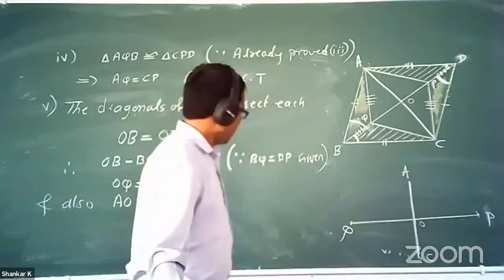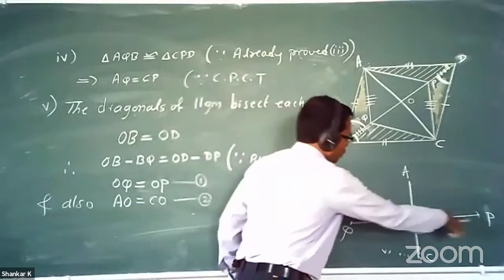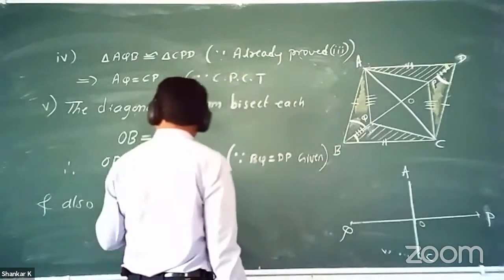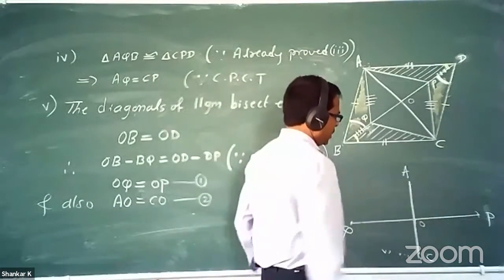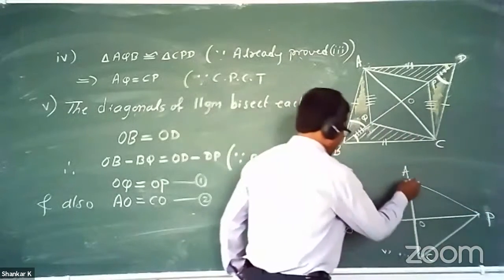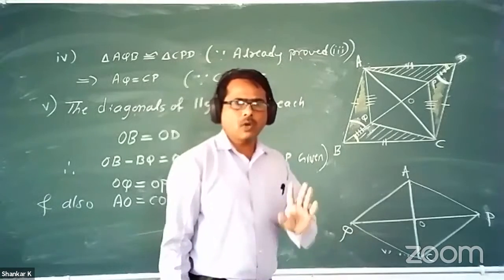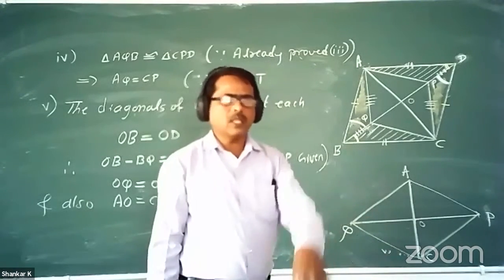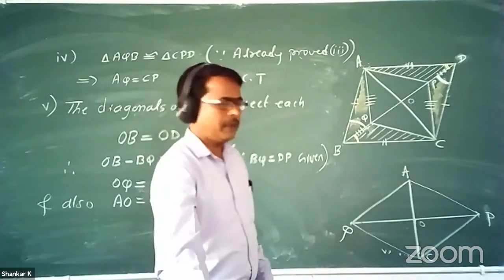Let it be. Now what have you proven? OQ equal to OP, you have proven. AO equal to CO, you have proven. If this is the case, then if you join, the figure will be a parallelogram. A quadrilateral in which the diagonals bisect each other is a parallelogram. Understood?